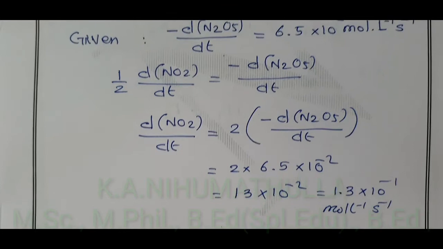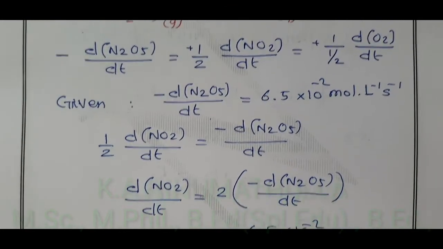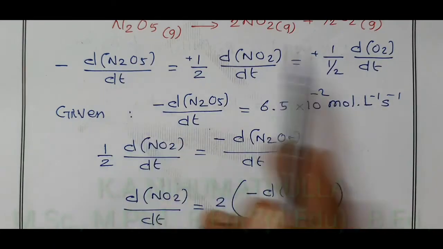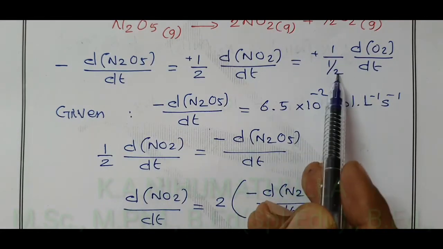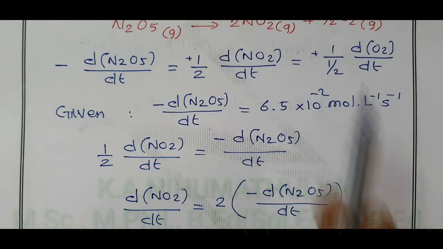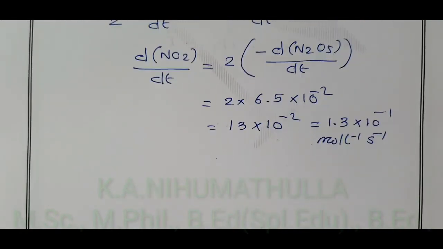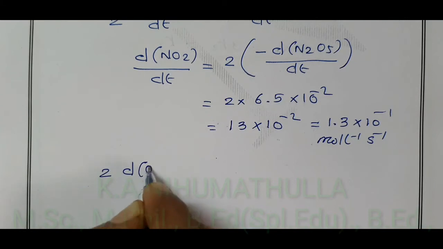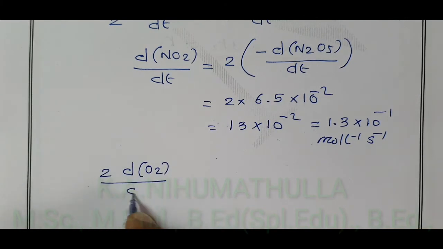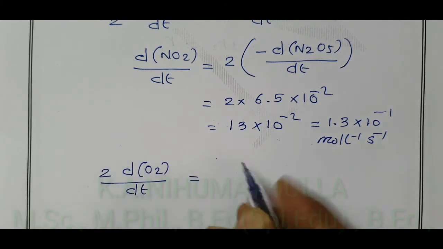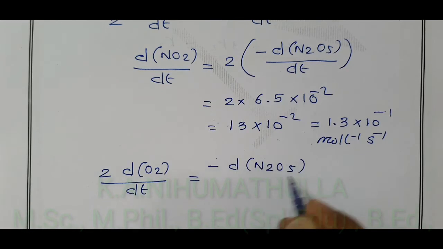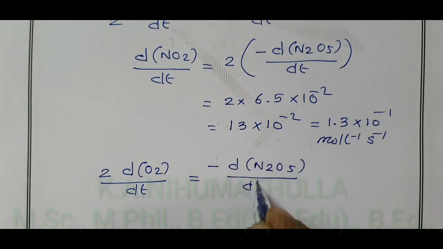Now we are going to calculate the rate of formation of O2. So equate these two. 1 by 2 means 2, that value is 2. We can write 2 into d of concentration of O2 divided by dt is equal to minus d of concentration of N2O5 by dt.